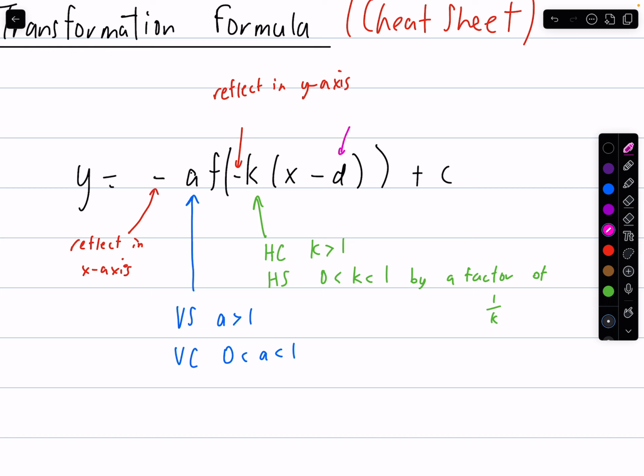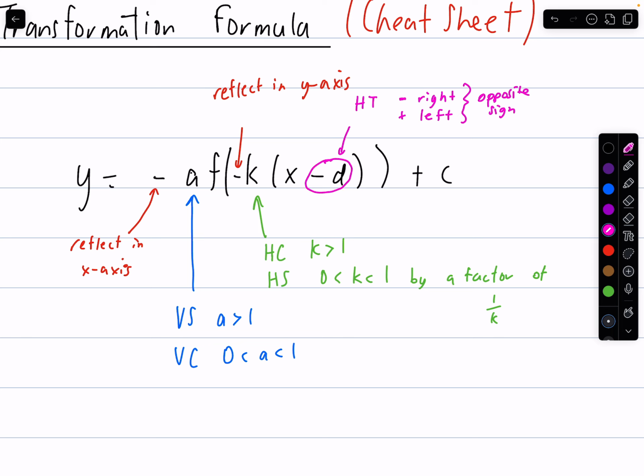We have d, which is a horizontal translation. And for a horizontal translation, the negative is actually to the right, but the positive is a translation to the left. So notice how with the horizontal translation, it's actually the opposite sign. You would think that a negative means going to the left and a positive means going to the right, but for the horizontal translation, we're always looking at the coefficient in front of that d value.